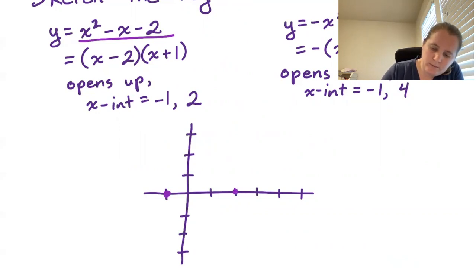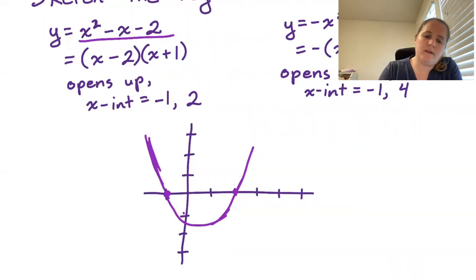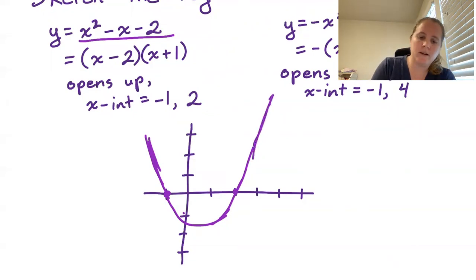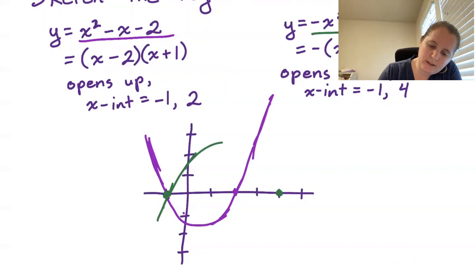So we're going to look something along the lines of this, whatever it actually is. I'm not so worried about y values. I'm more worried about x-intercepts at this point. And then our next one, let's do in green. We have -1 and 4 as our intercepts, and it opens down. So we're going to be something like this.